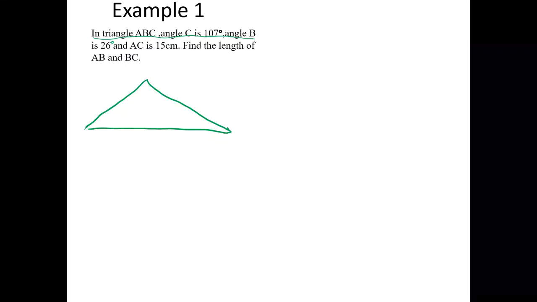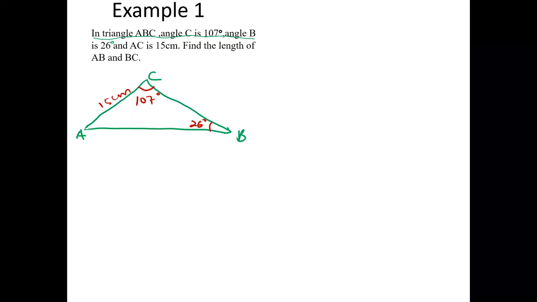This is our A, this is our B, and I have C. Angle B is 26 degrees, angle C is 107 degrees, and side AC is 15 centimeters.